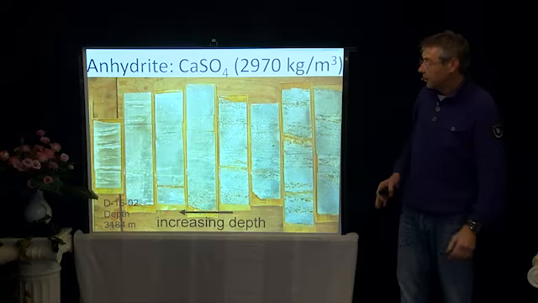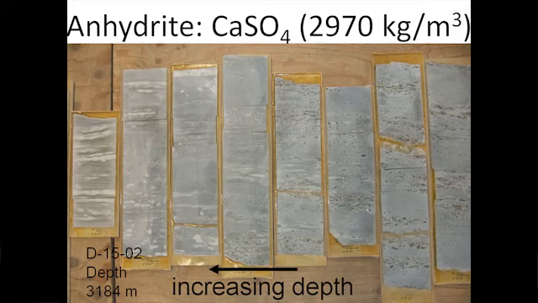And here you can see how the calcium sulfate layer looks. The deepest part at the left is pure calcium sulfate, and higher in this layer you can find pure sodium chloride crystals.